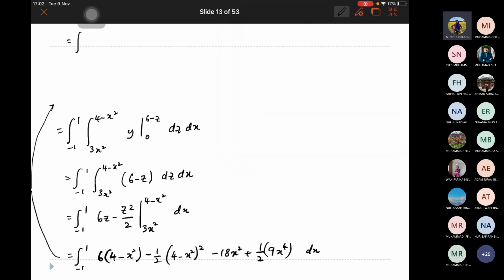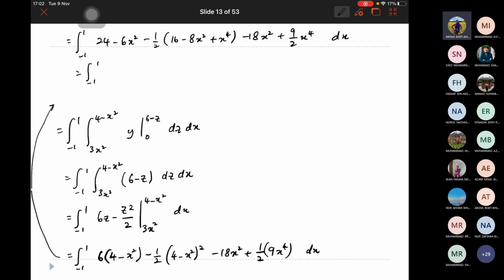So dia akan jadi negatif 1 sampai 1, 24 tolak 6x² tolak 1 per 2, 4 kali 4, 16 tolak 8x kuasa 2 tambah x kuasa 4 tolak 18x² tambah 9 per 2 x kuasa 4 dx.